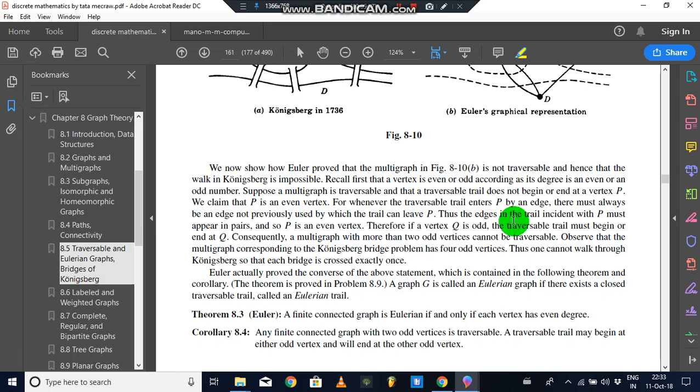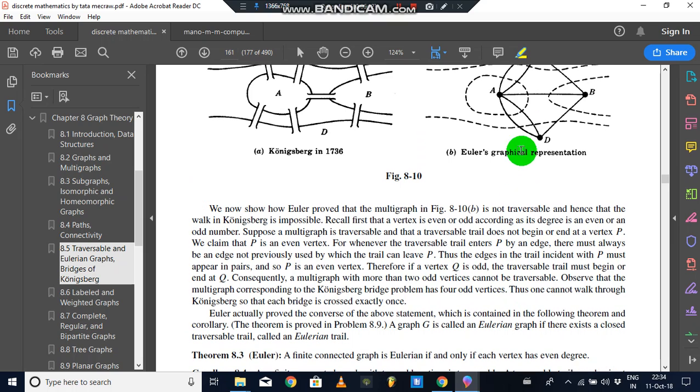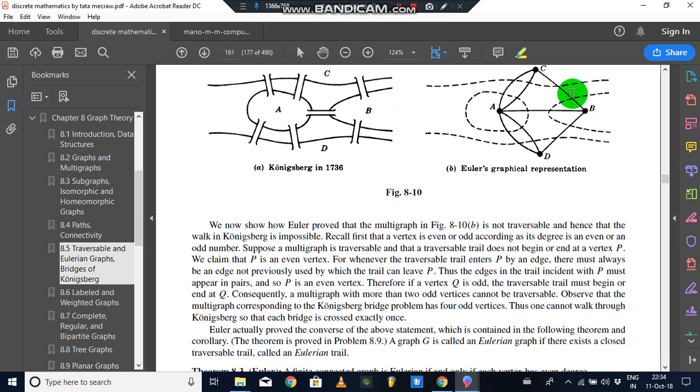Thus, the edges in the trail incident with P must appear in pairs. So P is an even vertex. If a vertex Q is odd, see in this multigraph, observe that the multigraph corresponding to the Konigsberg bridge problem has four odd vertices. Four.